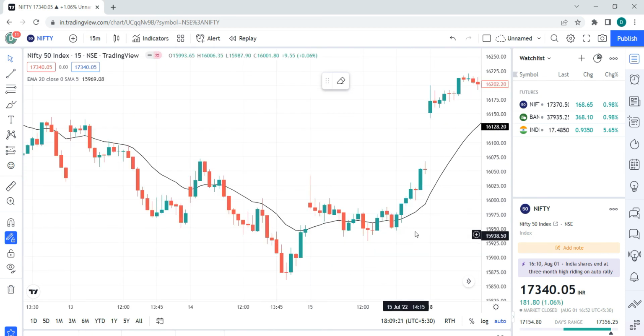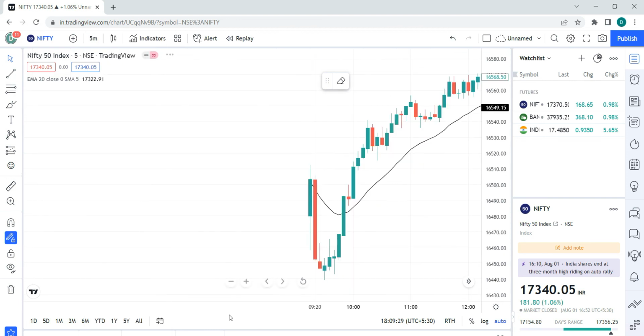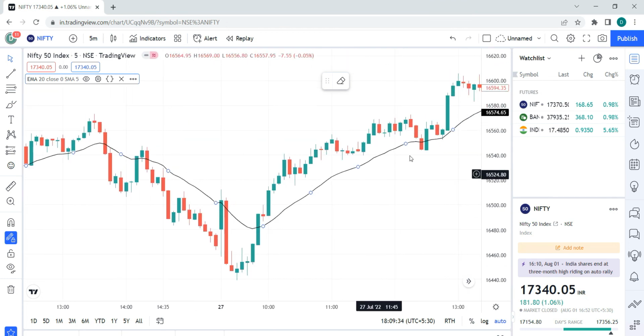If you want to get a clear signal and then take a trade, maybe you can use that, because on 5 minutes candles there are many more candles here.